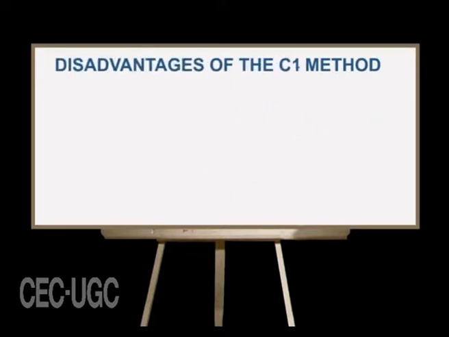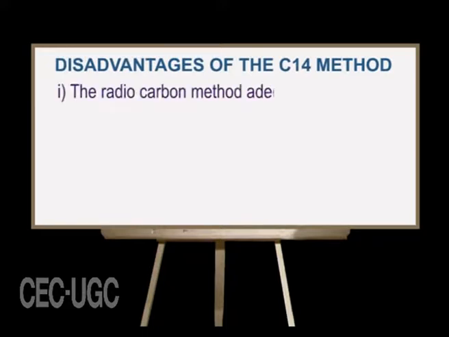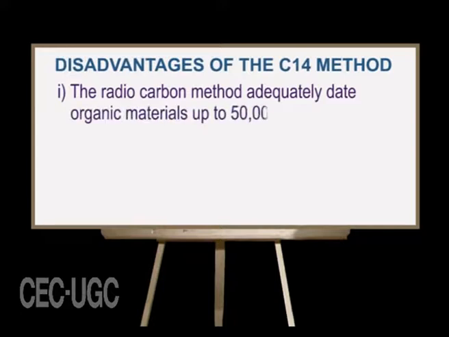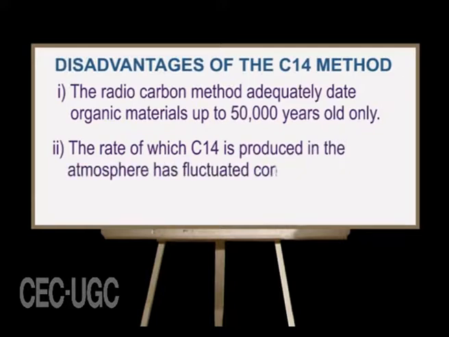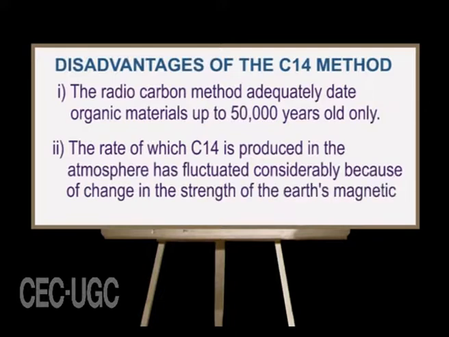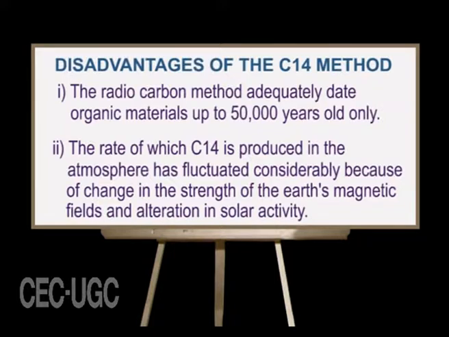Now come to the disadvantages. They are: number one, the radiocarbon method adequately dates organic materials up to 50,000 years old only. Next, the rate at which C14 is produced in the atmosphere has fluctuated considerably because of the change in the strength of the Earth's magnetic field and alteration in solar activity.